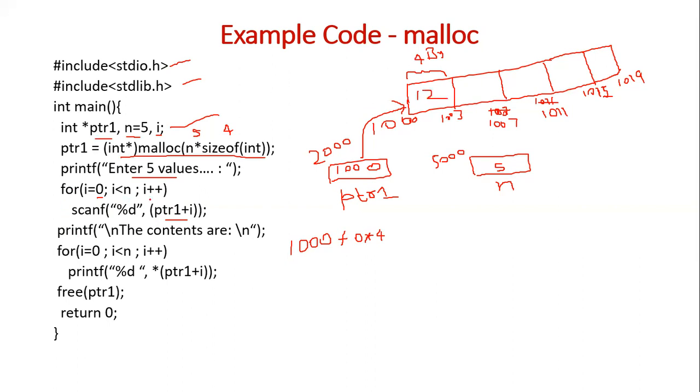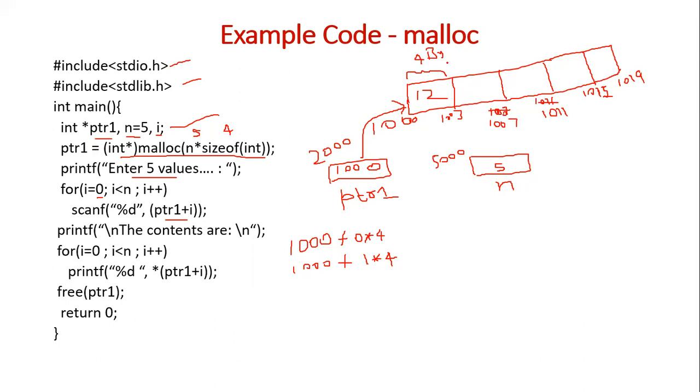When the loop goes for the next round, i becomes 1. So now it is 1000 plus 1, but you should use that scale factor. So 1 into 4. So 1000 plus 1 into 4. So 1000 plus 4 is 1004.